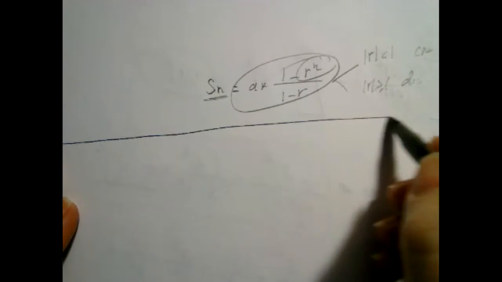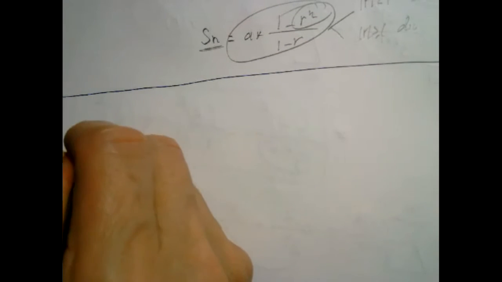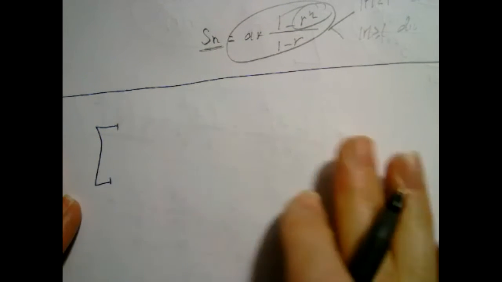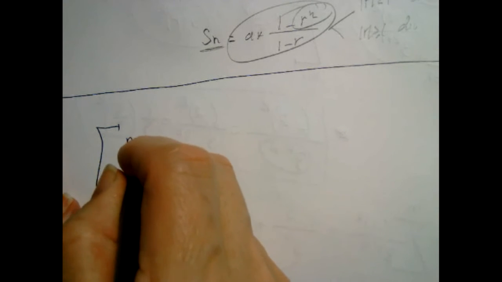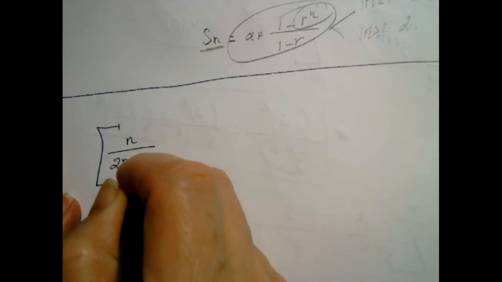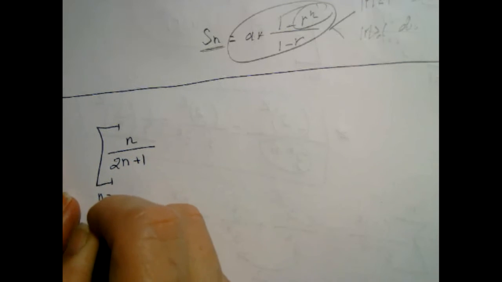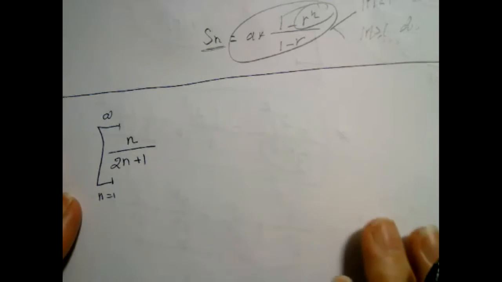So for the last 3 minutes I have, I'm going to give you a series, and I'm going to ask you, do you think it converges or not? So this is my series, sigma n over 2n plus 1, n equal, let us say, 1 to infinity.